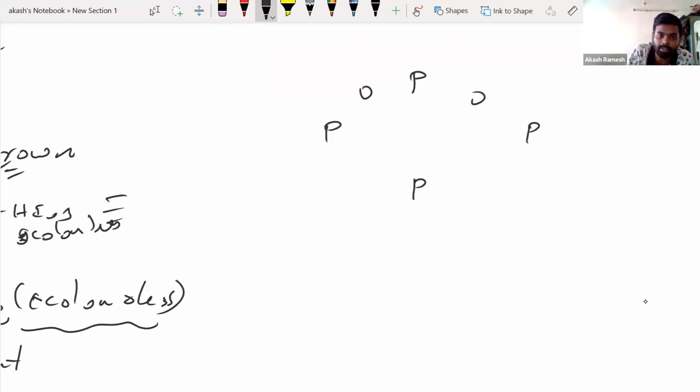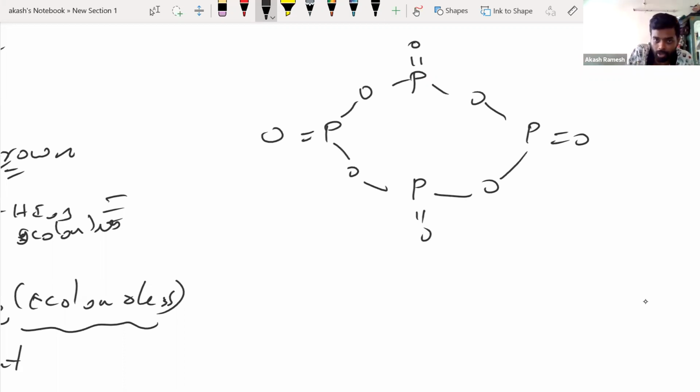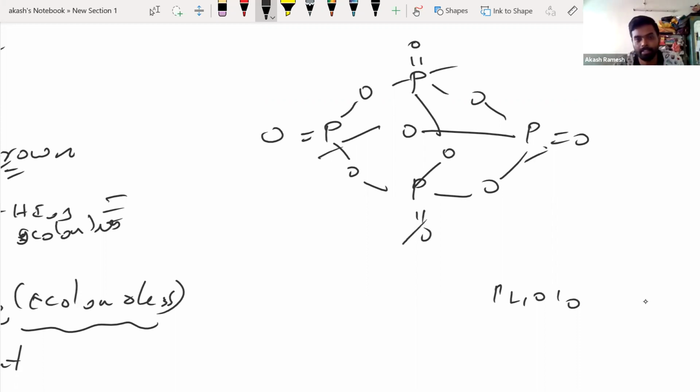In between the P's, you put oxygen, and for each of the P's, you put a double bonded oxygen. Now between this P and this P, put an oxygen, and between this P and this P, put an oxygen. That's very simple. That's it, P4O10.